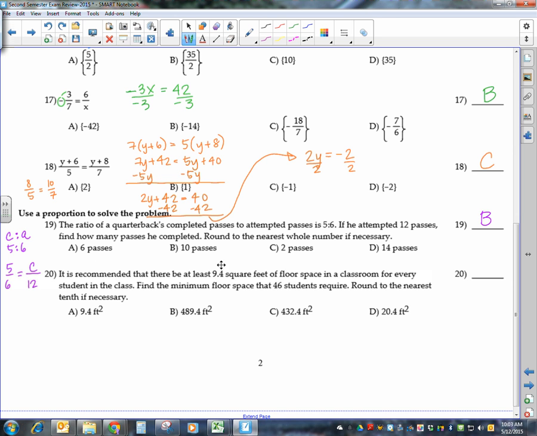It's recommended that there be at least 9.4 square feet of floor space in the classroom for every student. So we have square feet per student, and it's 9.4 for every student. How much floor space do I need for 46 students? And you know what?